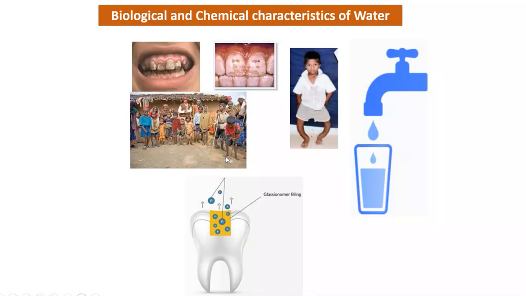Their legs are paralyzed due to the excessive fluoride content in their drinking water. So it is mainly caused by drinking water, and it mainly affects the teeth of humans.